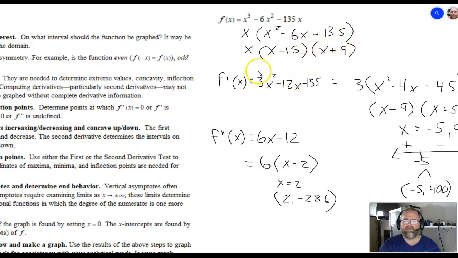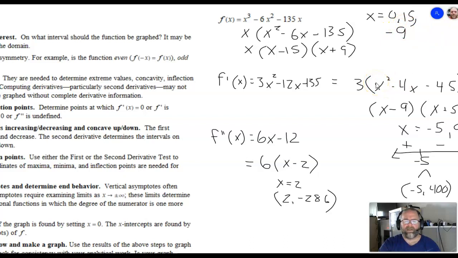Which means that we're going to have x-intercepts at 0, 15, and negative 9. So x is equal to 0, 15, and negative 9 here.